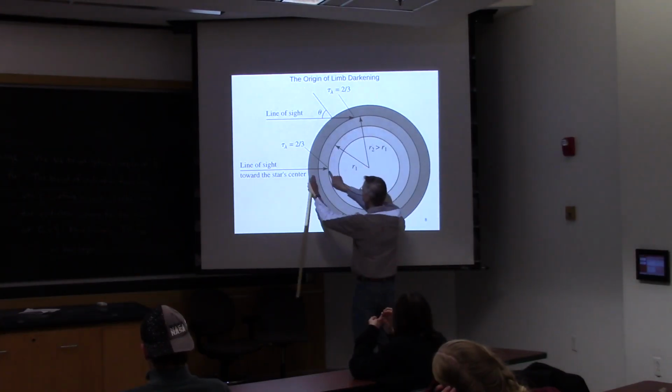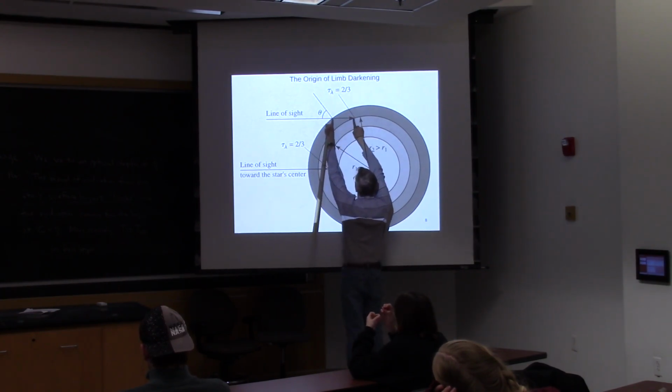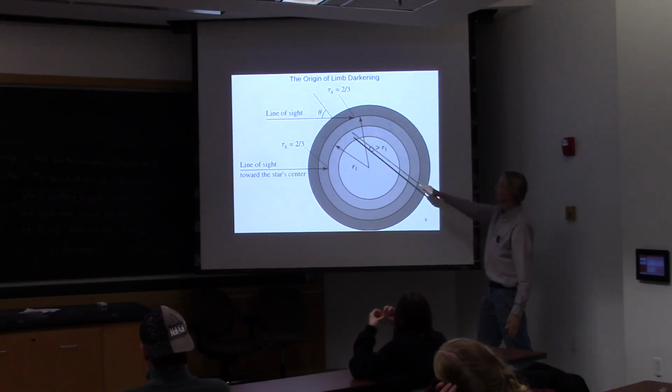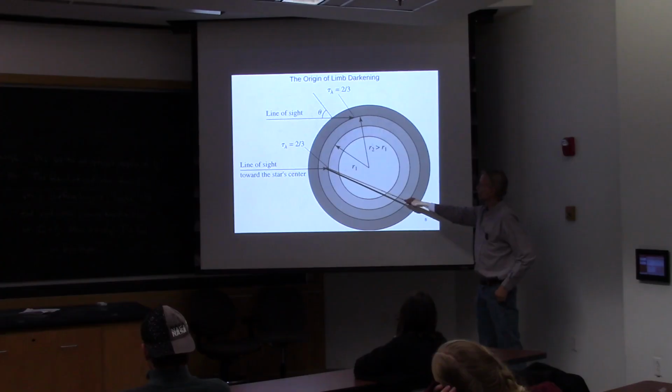Notice the physical distance that we see into the atmosphere is essentially the same in either case. But because the line of sight is a slant, we're seeing a higher layer near the limb than we are at disk center.